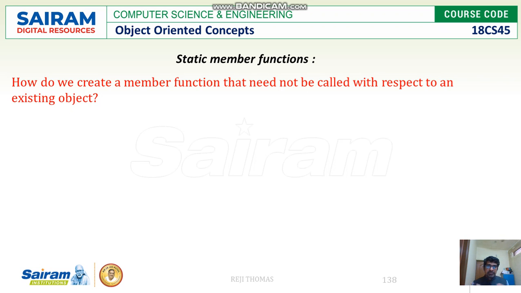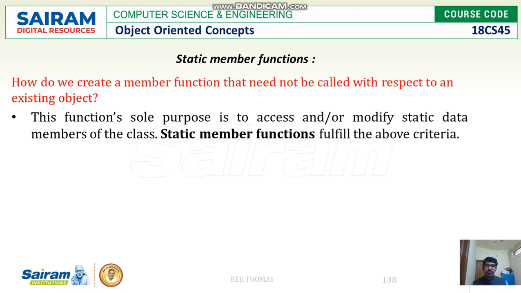So we have seen every member of the class should be accessed through the object. But there will be cases where we need to access it directly without creating an object. So static data member and member function can be accessed directly without making use of an object. So let us see how we can do it.